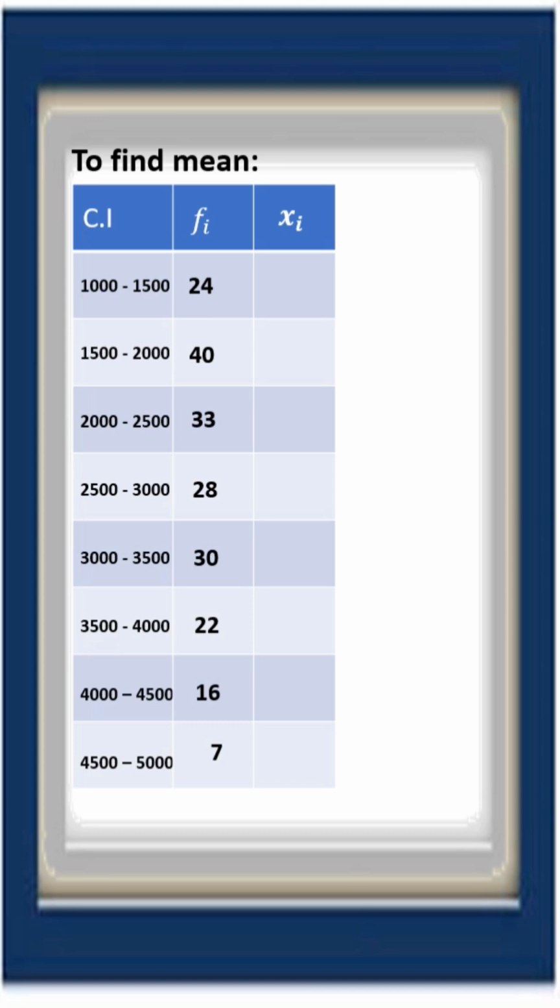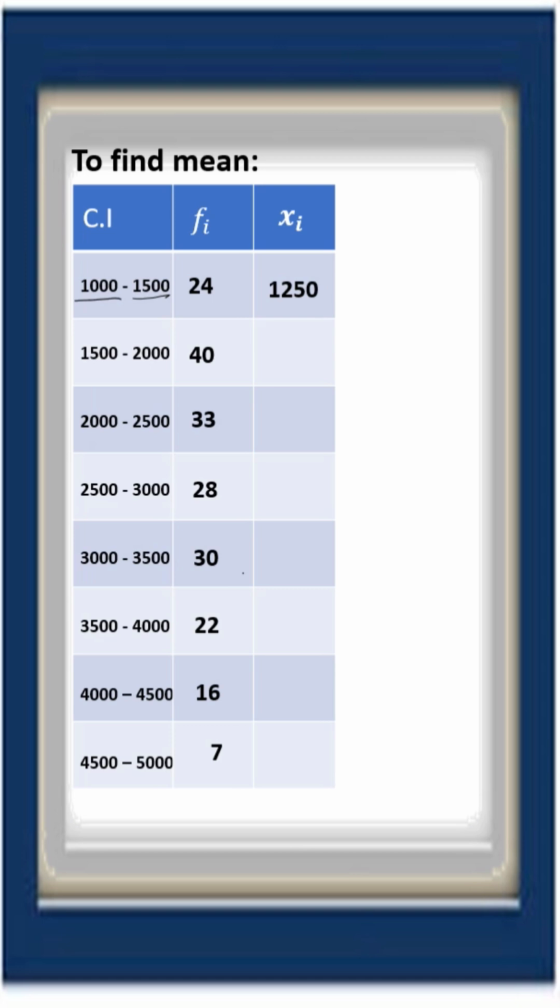How to find xi? Add these two numbers. What will you get? 2500. 2500 divided by 2, what will you get? 1250.